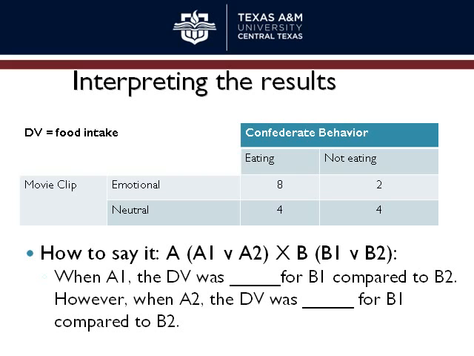Okay. So, however, when A2, so now I drop down to when neutral, the dependent variable, food intake, the amount of food participants ate when watching a neutral clip, was the same whether the Confederate had a snack, B1, or not, B2. Okay.